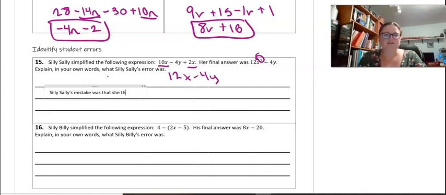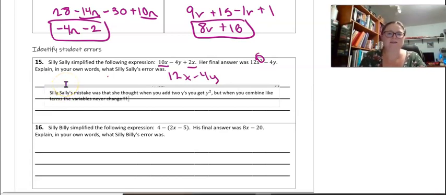That she thought when you add 2 y's, you get y squared. But when you combine like terms, the variables never change. And then if you want to add in the correct answer should be, then that can help.